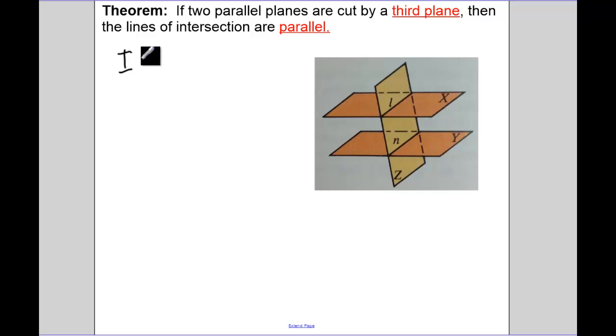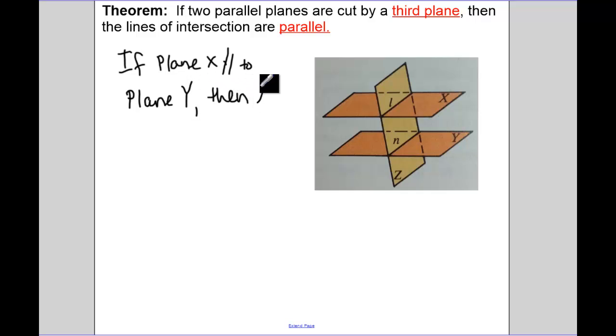So if plane X is parallel to plane Y, then L is parallel to N.